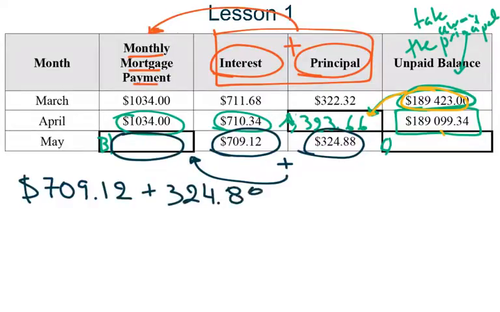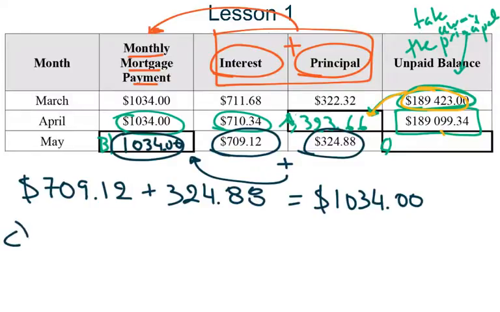But I'm going to do that anyway. Adding the two, what I'm getting is 1034.00. This is what's going to go right here for B.